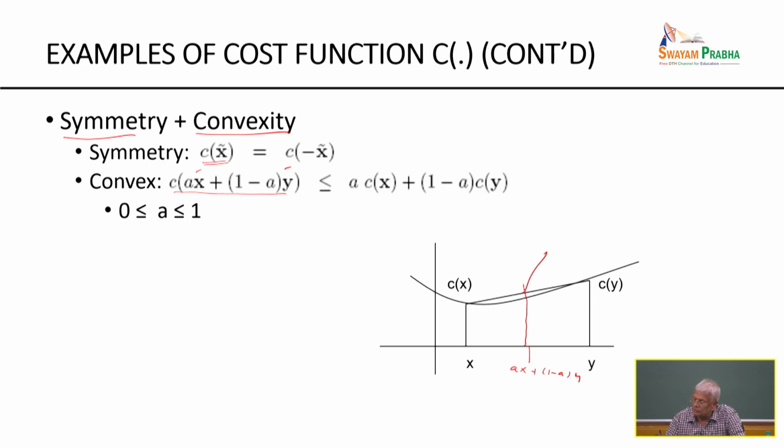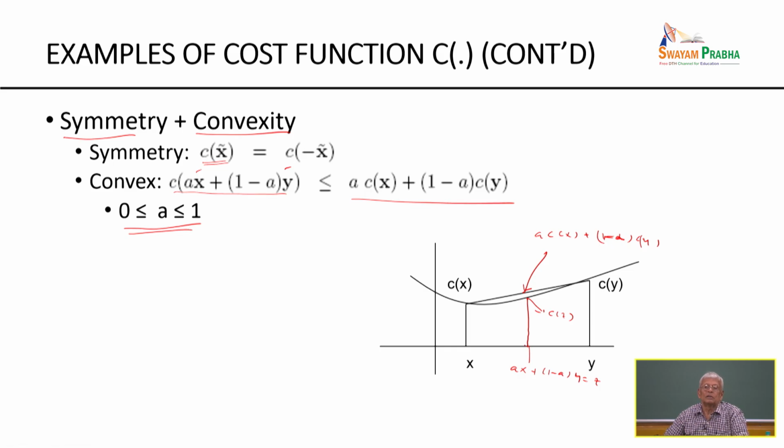So this value is a times C of x plus 1 minus a times C of y. If I consider this point as z, this value is equal to C of z. So there is a difference between the two. This value is less than that. That means the function value is below the chord, where a is between 0 and 1. That's the definition of convexity.